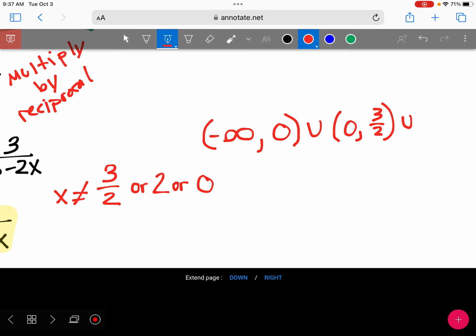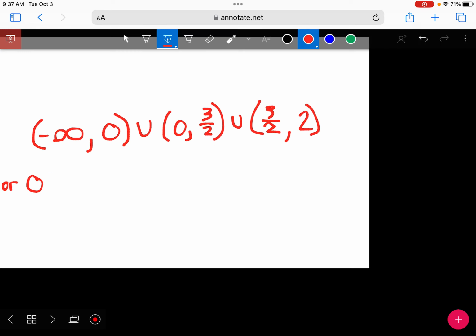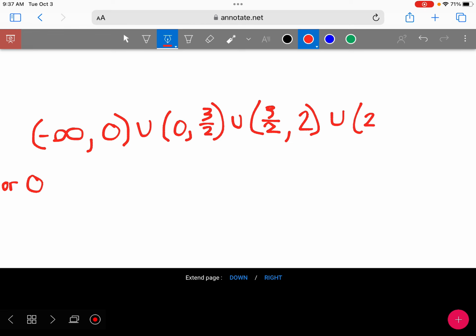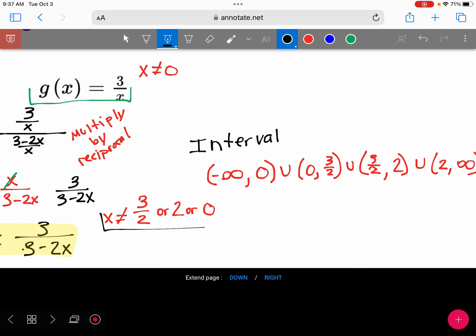Union. 3 halves to 2. Union 2 to infinity. So this is our interval notation. This is our holy cow way easier algebraic notation. It's all real numbers except x can't equal 3 halves or 2 or 0. So this would be algebraic.